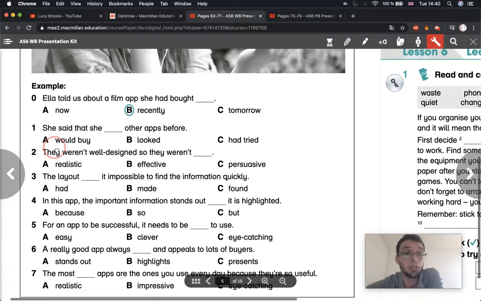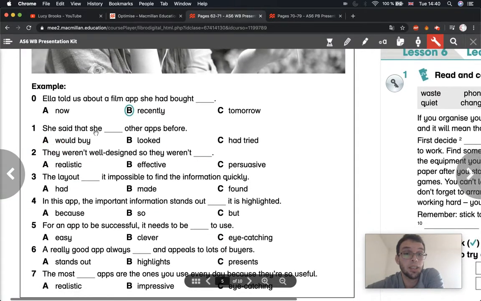Let's look at number 1. Okay, she said that she other apps before. Now this is testing the reported speech. A lot of times in reported speech, okay, we use the verb had in the past participle.